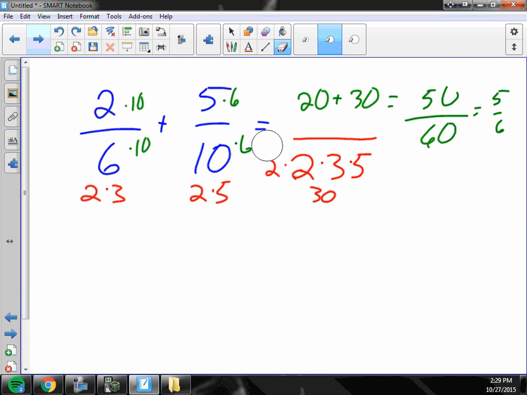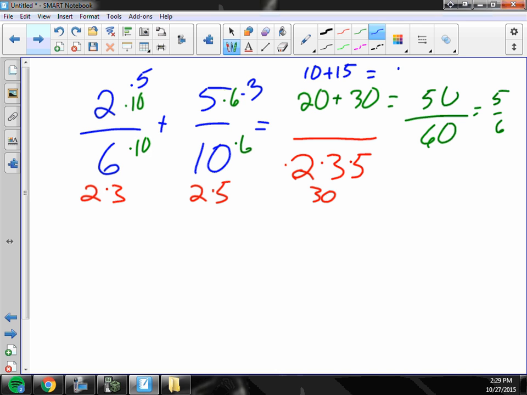So if I were to solve it that way, I would multiply this by what it's missing, a 5, and this one is missing a 3, and I would get 10 plus 15 is 25 over the common denominator 30, which happens to be 5 over 6. So you can just multiply everything on one side and everything on the other, but that will leave more simplification at the end, and when things get more difficult, you won't want to do it that way.